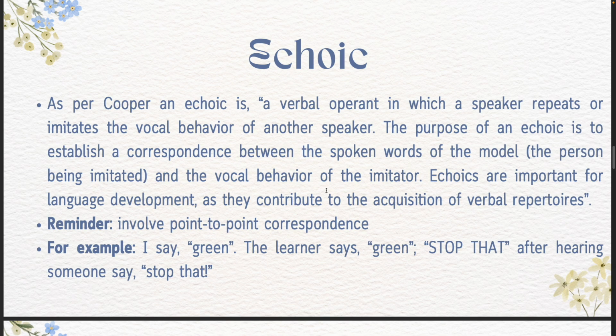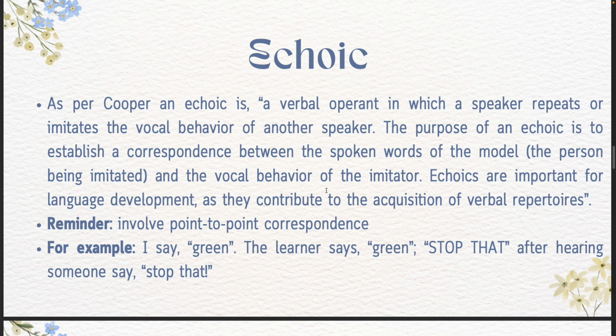Okay, and this is where we're starting to get those terms that we spoke about earlier. So an echoic is simply imitation, copying what you hear, right? So an example, I say green, the learner says green. Stop that, after hearing somebody say stop that. And as you can see, they have point-to-point correspondence because they are imitating word for word what you say or what they hear.